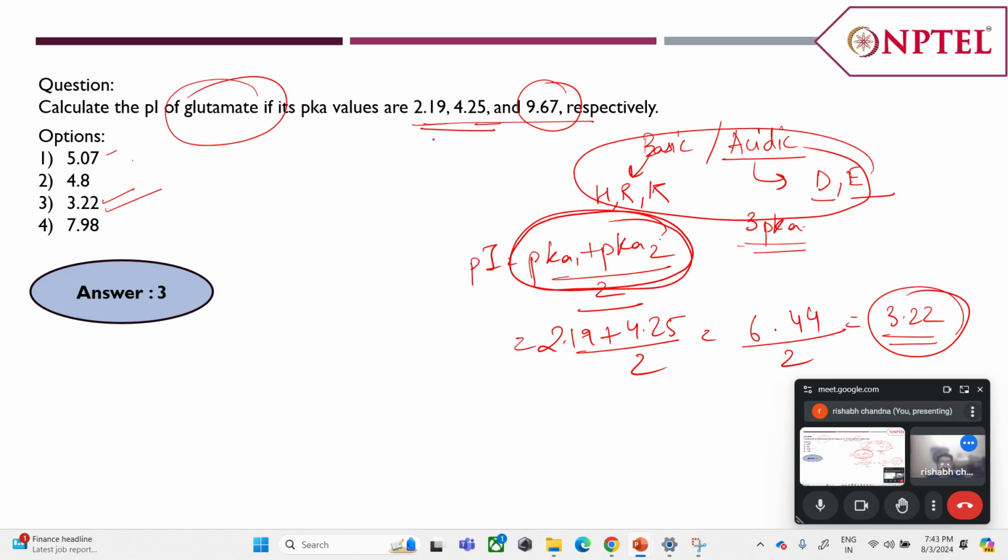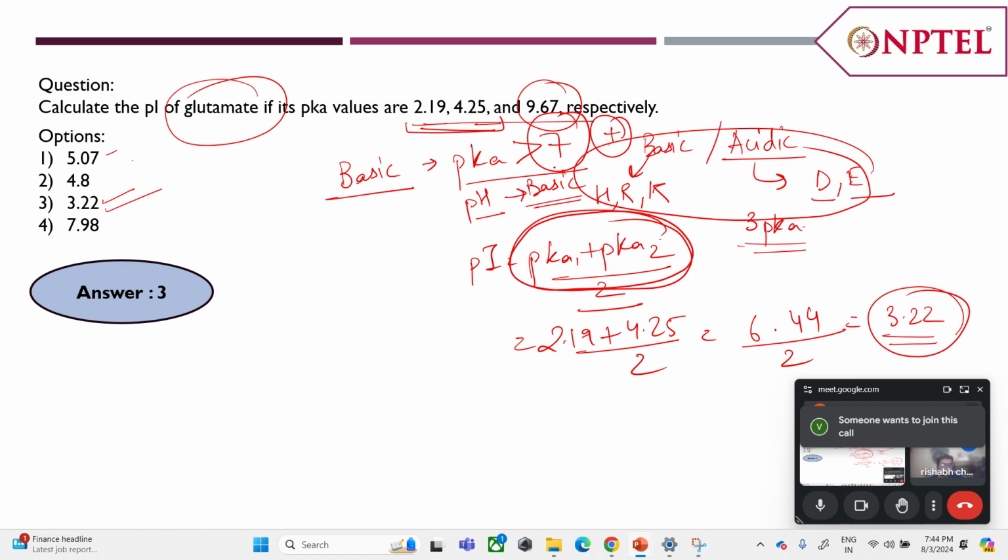Because of the side chain that we have, for example in the case of a basic amino acid, the side chain pK would be more than 7. If we consider the concept of pH in a basic amino acid, it will be more towards the positive charge, and that would be reflected in pK values greater than 7.